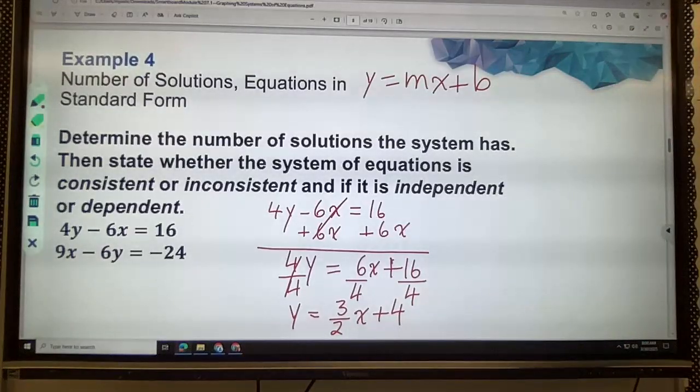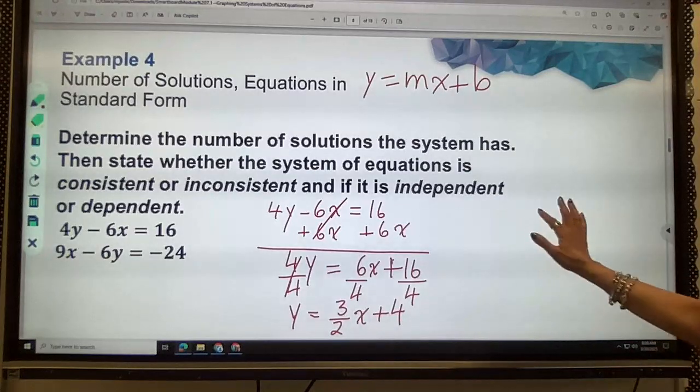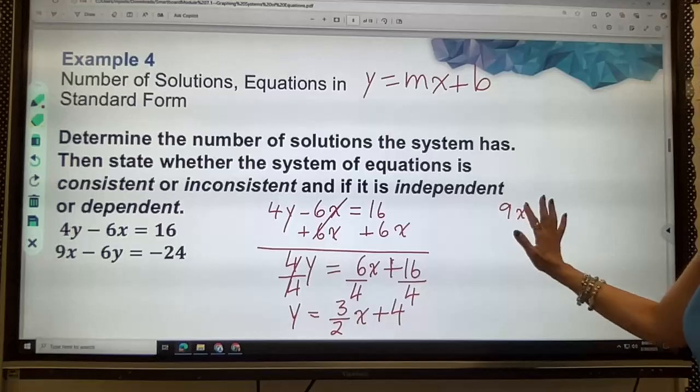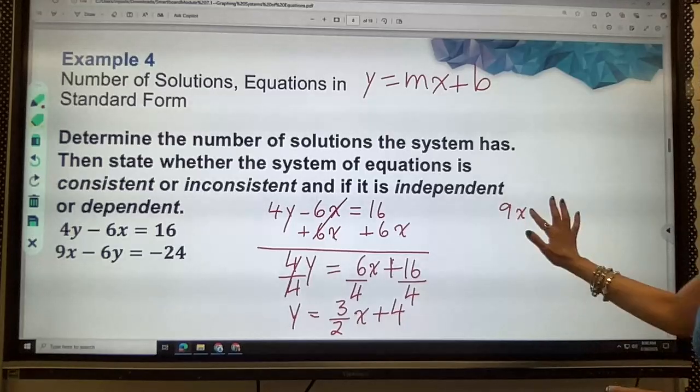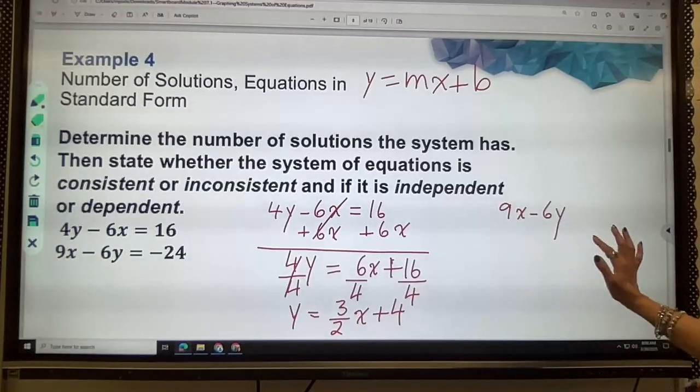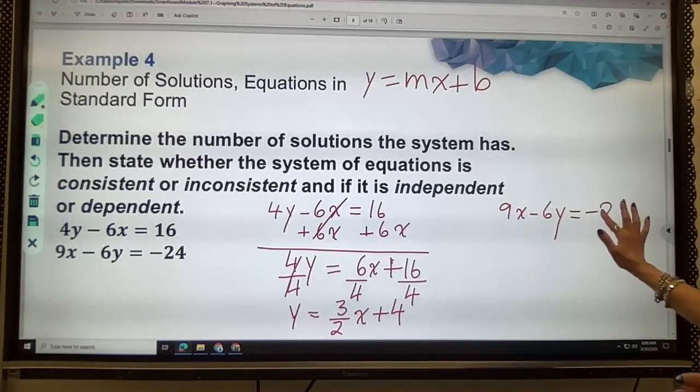Let's do the other equation, which is 9x minus 6y is equal to negative 24.